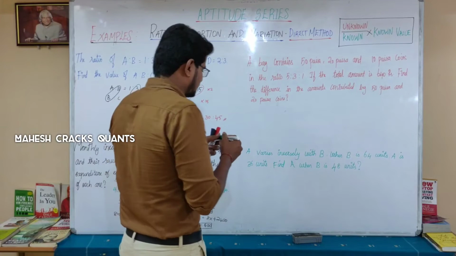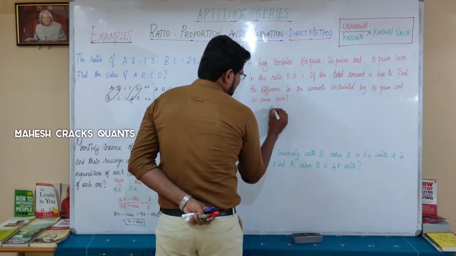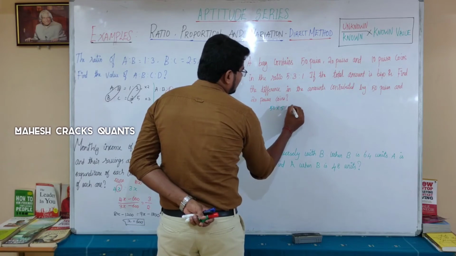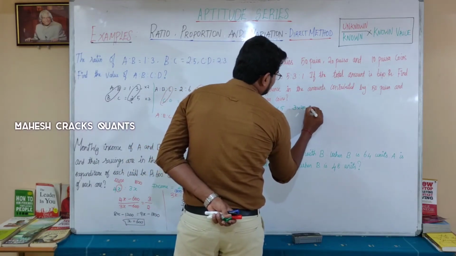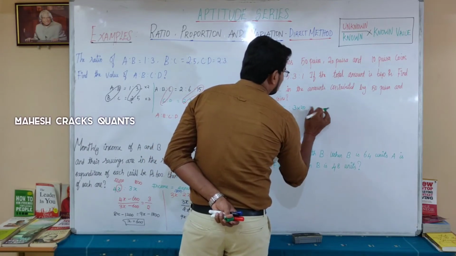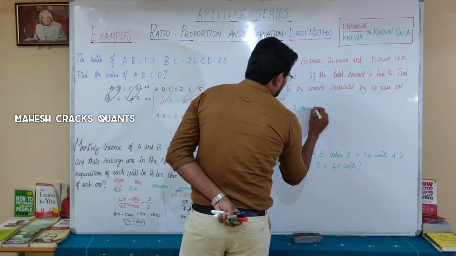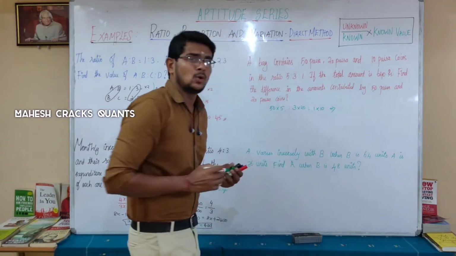So 50 paise coins, how many 50 paise coins are there? In the ratio, 50 paise into 5 is to 3 into 20 paise and then 1 into 10 paise. This is the ratio of amount.